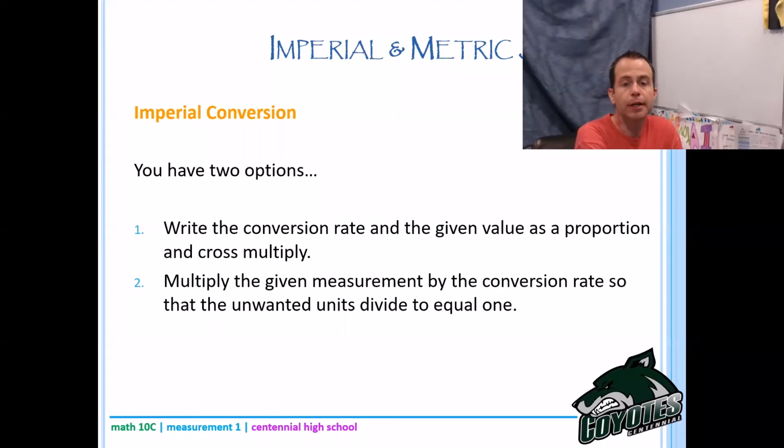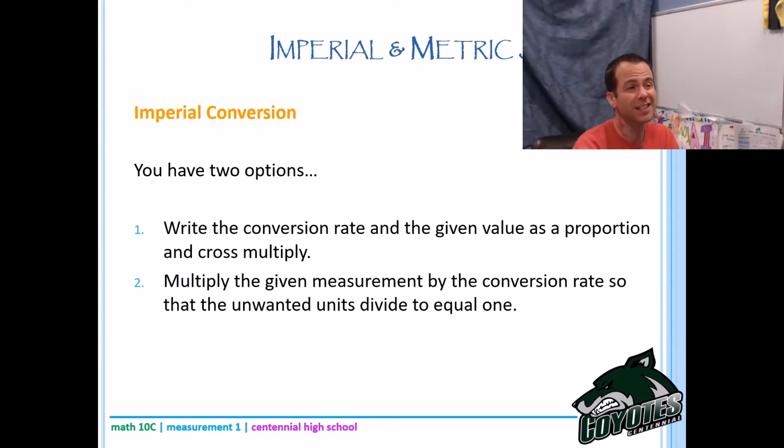So now what we want to talk about is imperial conversion. That means we're going to move from one type of unit to another type of unit, okay? But right now we're just going to go from imperial to imperial. So there are 2 options for how to show me your work. I really want to stress, I need to see your work. It's really important that you show me something.